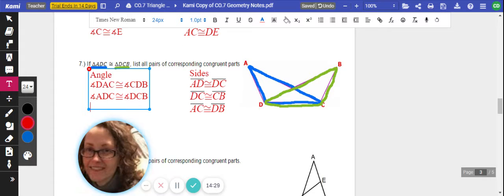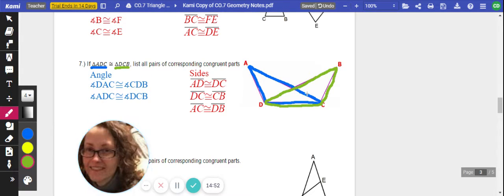So angle C is going to be this angle right here. In my blue triangle, it's going to be the angle here in this corner. So I want to get the blue triangle, so I'm going to highlight that in blue.